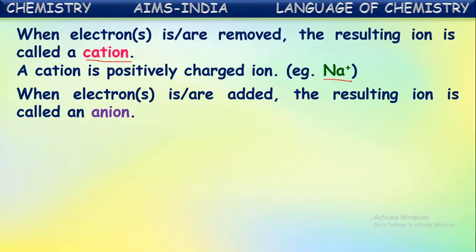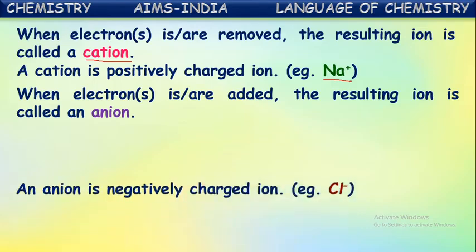When electrons are added, the resulting ion is called an anion. In the opposite way, when atoms gain electrons, they attain a negative charge. The ions formed by gaining one or more electrons are called anions.